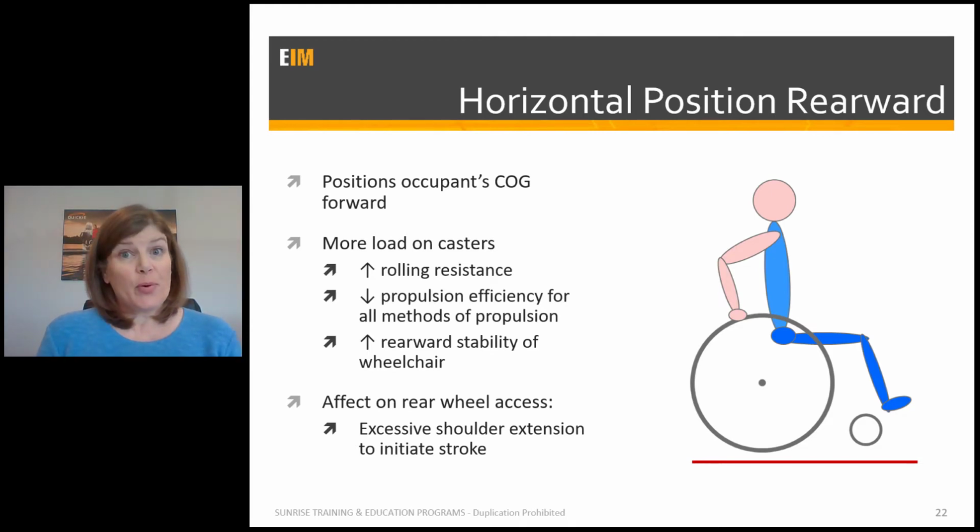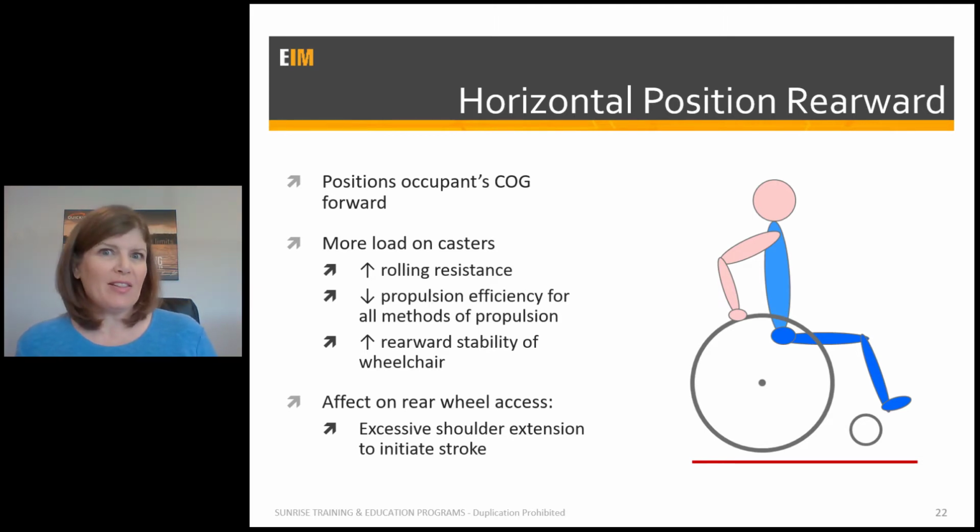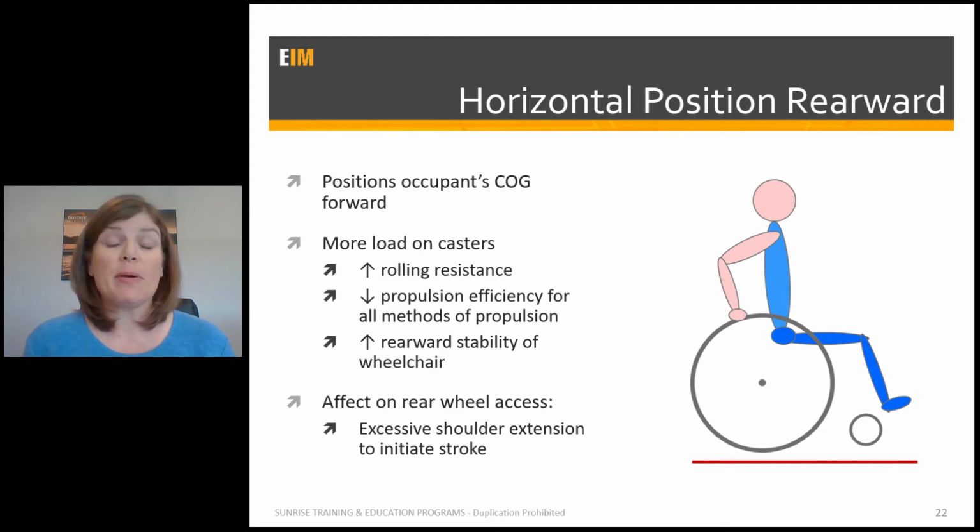Now, the opposite is going to occur, though. If I have a lot of rearward stability and am less likely to tip rearwards, what that means is that I actually have a little bit more likelihood of tipping in a forward direction if my center of mass goes beyond my base of support. When we're thinking about a wheelchair, our base of support, typically speaking, is our front casters and our rear wheels.